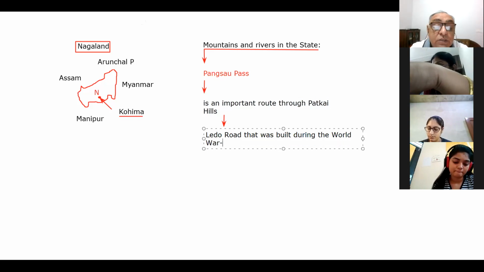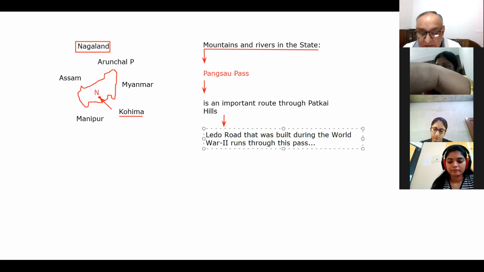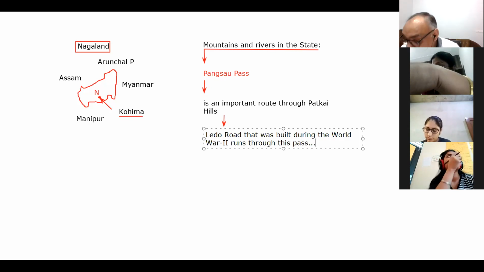It runs through this pass. Pass means दर्रा, जो hills के बीच में गुजरने के लिए रास्ता होता है, उसको हम pass बोलते हैं.